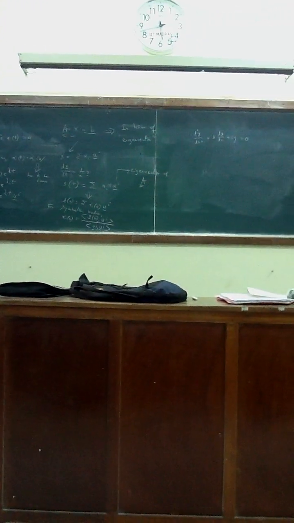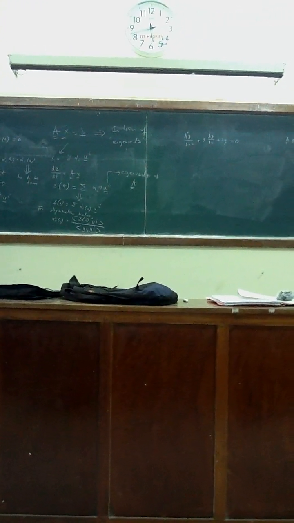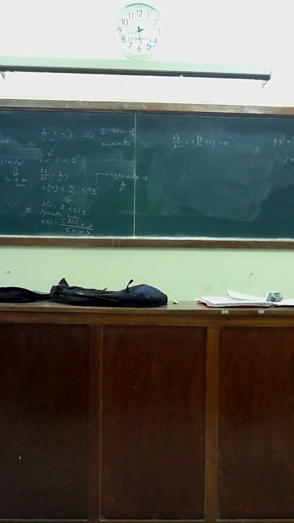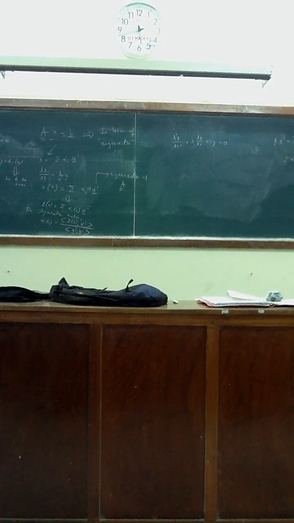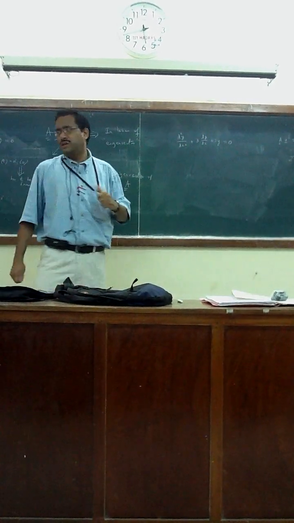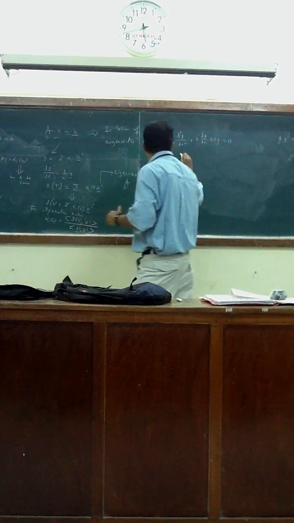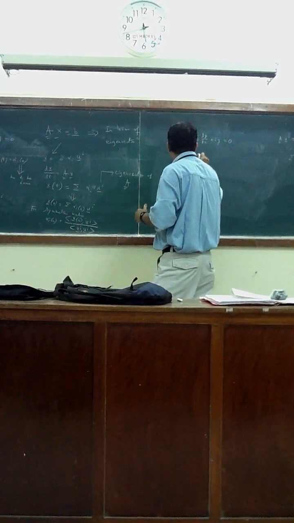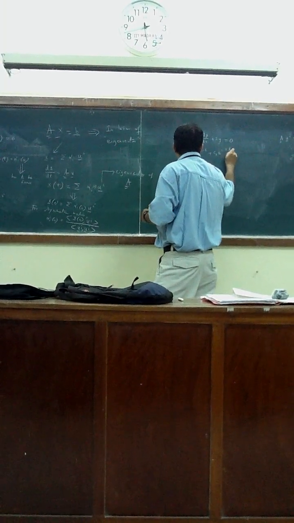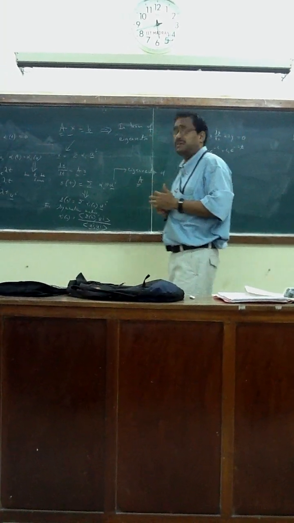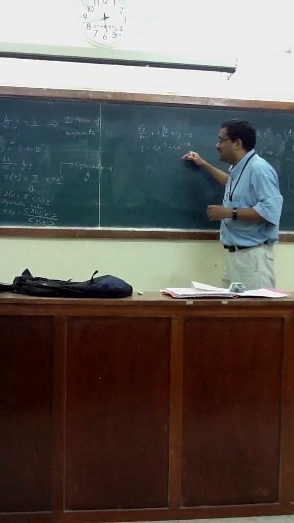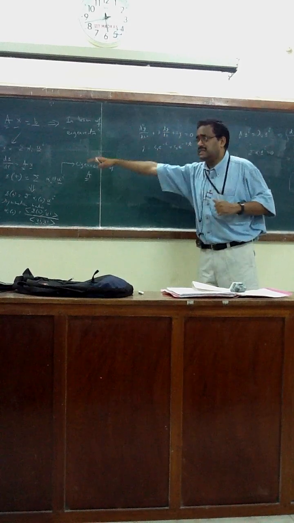What are the trial solutions? The roots m1 and m2 are minus 1, minus 2, right? So what is the final solution? Am I correct? Yes.